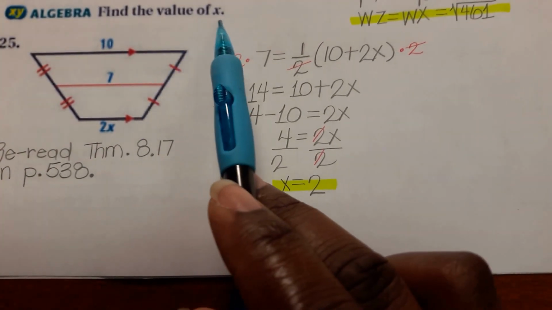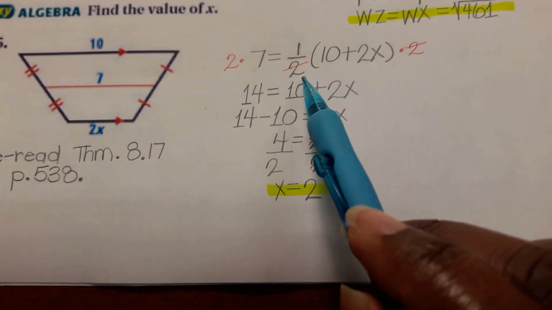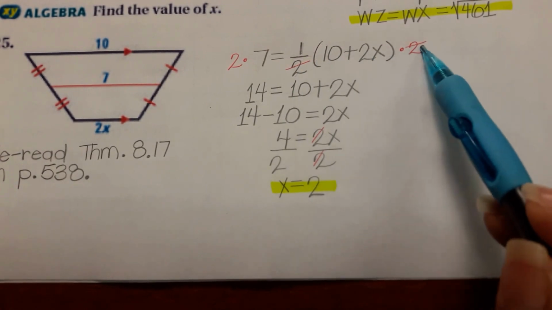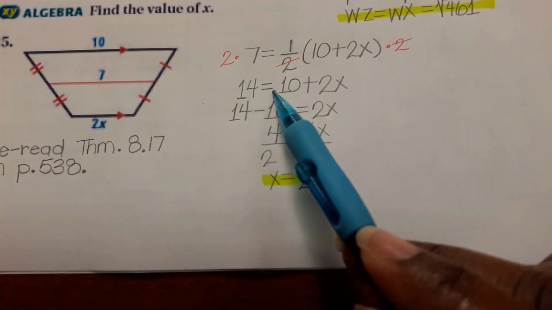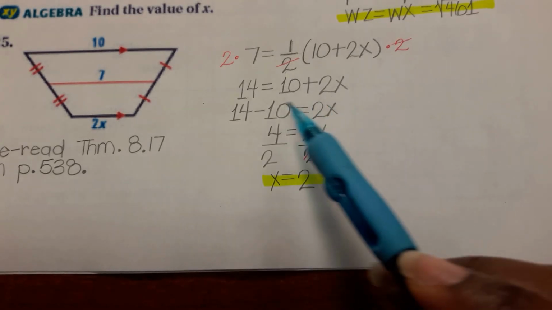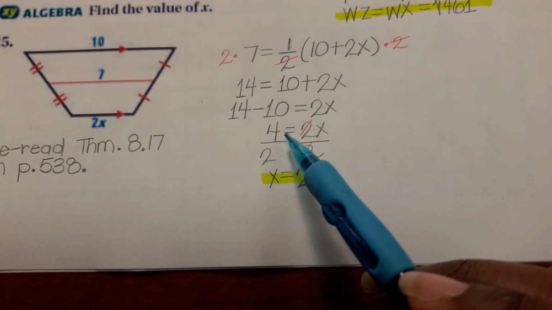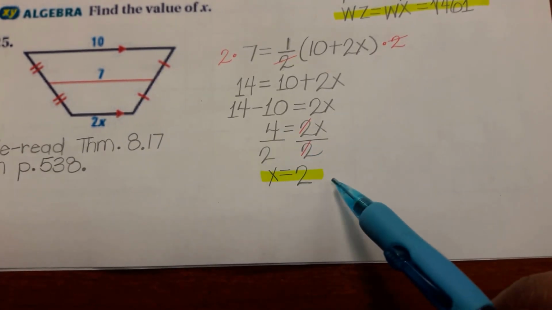Now my goal is to find x. So to find x, I'm going to multiply by 2 on both sides. And the 2s here cancel out to 1. So I'm left with 2 times 7, which is 14, equals 10 plus 2x. 14 minus 10 is 4, and 4 equals 2x. Divide by 2 on both sides, so x is 2.